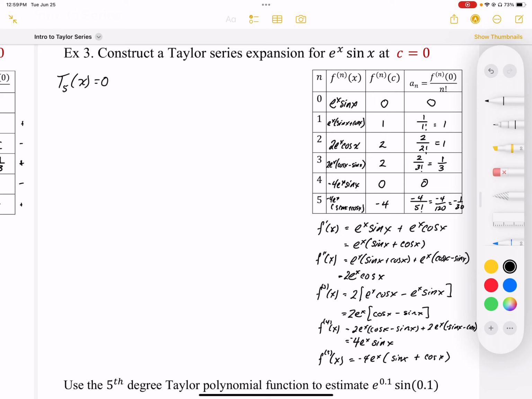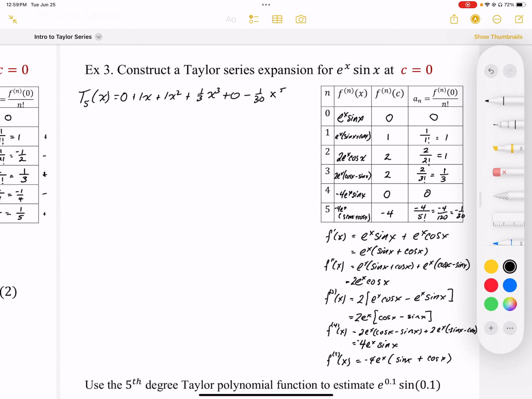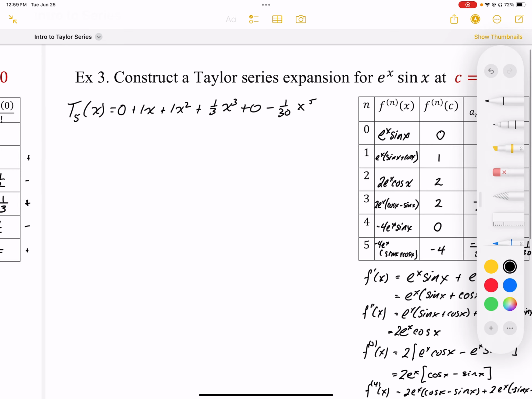It's going to be equal to 0 plus 1x plus 1x squared plus 1 over 3 x cubed, and then we're going to end up with plus 0 again, plus, this works out to be minus 1 over 30 x to the power of 5. So that represents our 5th degree Taylor expansion based on these coefficients that we've calculated from our derivatives.